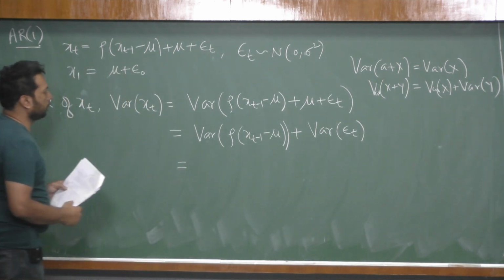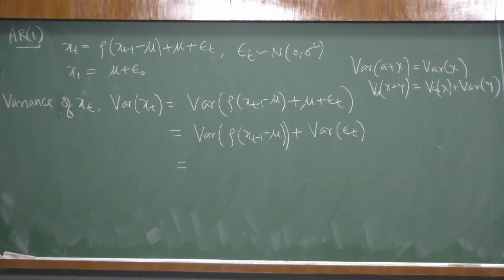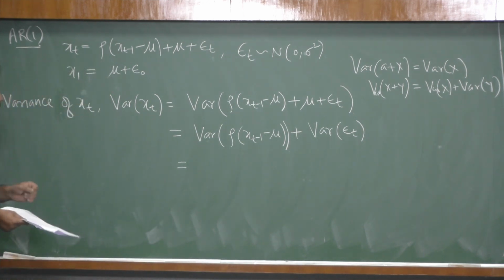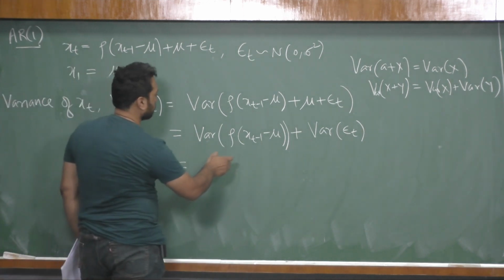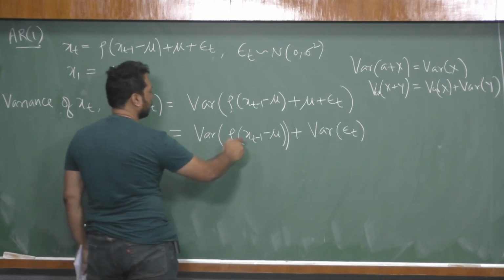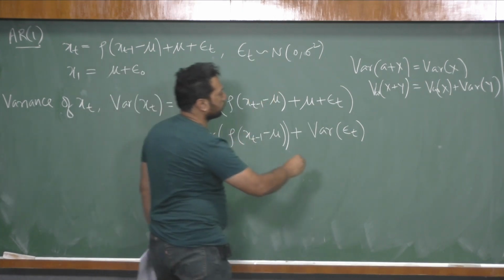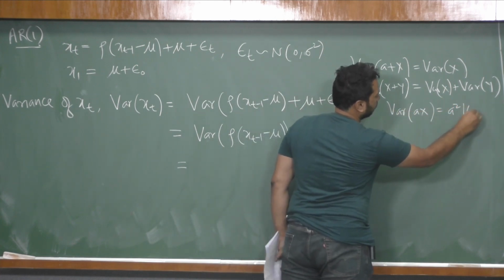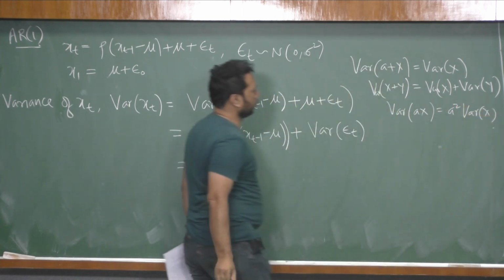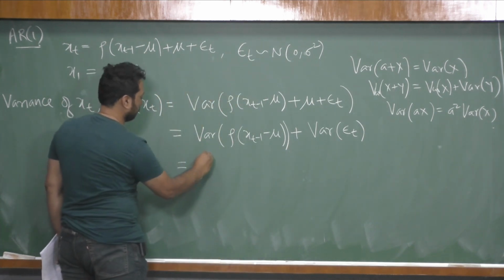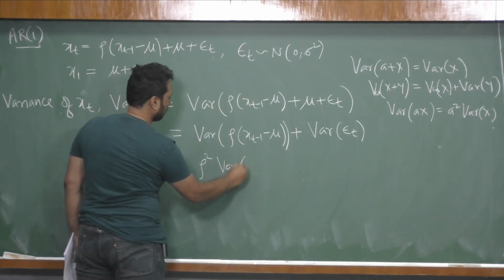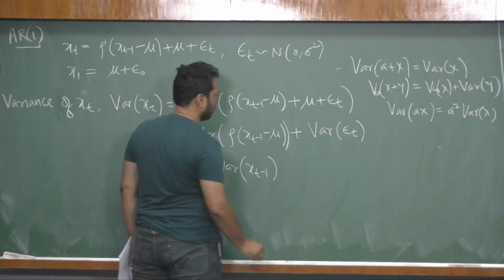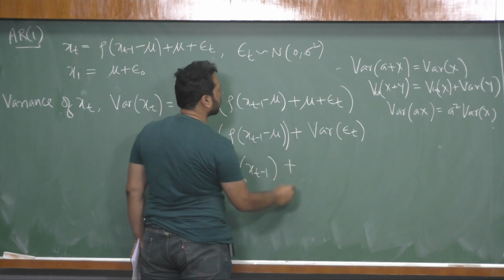In other words, we can also say the covariance of X t minus 1 and epsilon t is 0. Then rho can come out, because we have another result for the variance, that the variance of aX is a square times the variance of X. So rho square comes out, and we have the variance of X t minus 1, and mu goes away from the first property, plus the variance of epsilon t, which is sigma square.